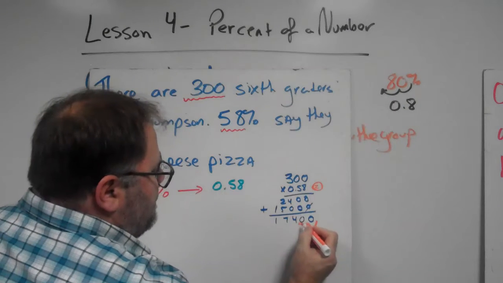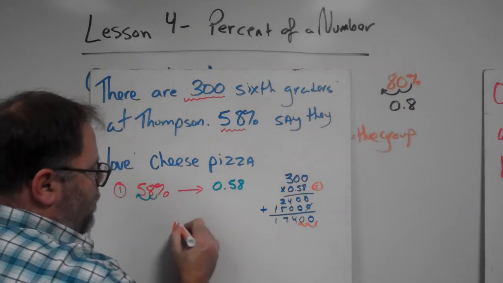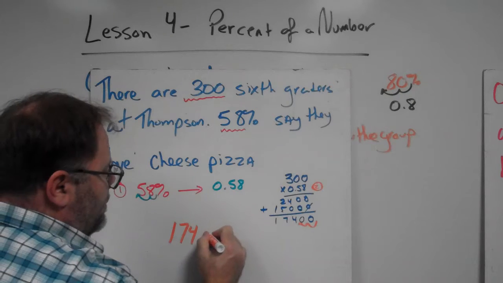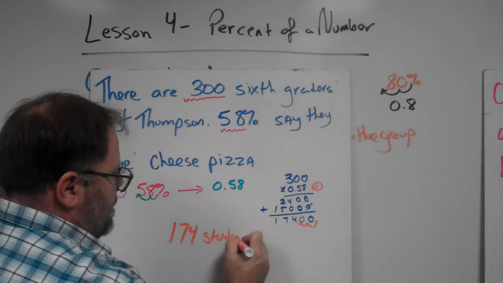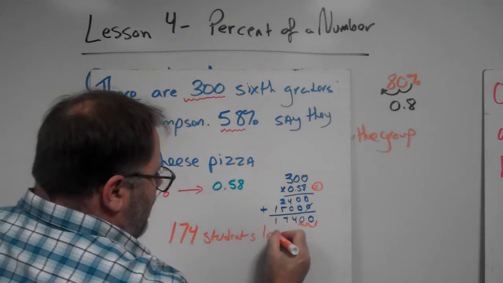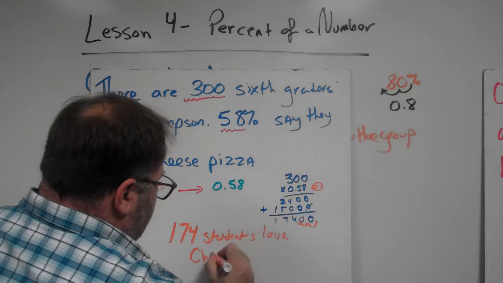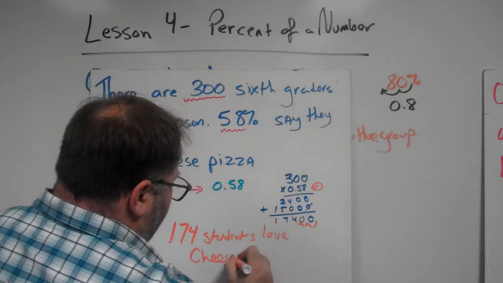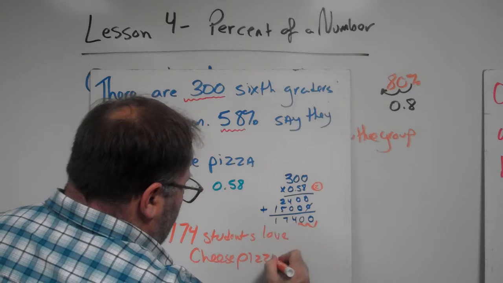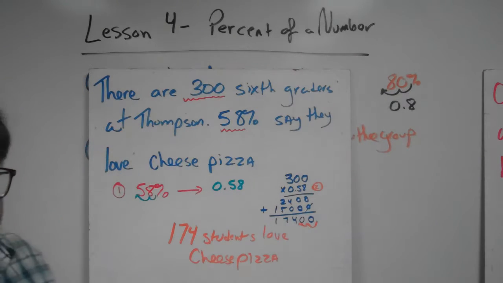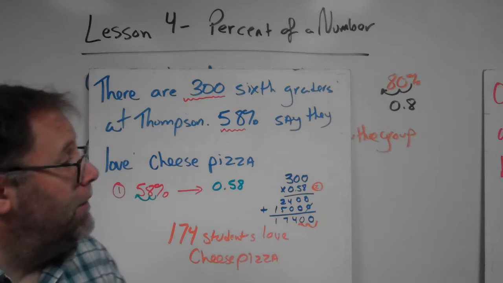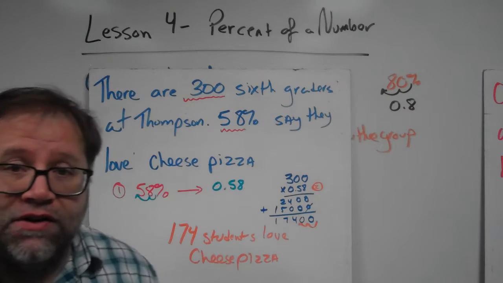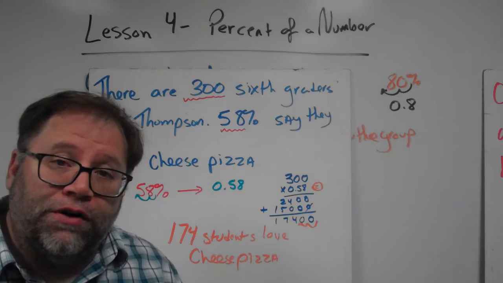I put 2 spaces back in, and then I say 174 students love cheese. Uh-oh, I forgot the pizza. 174 students love cheese pizza. That is 58% of 300.